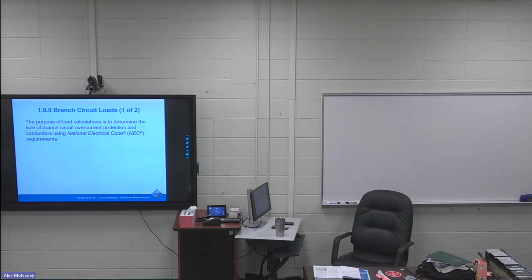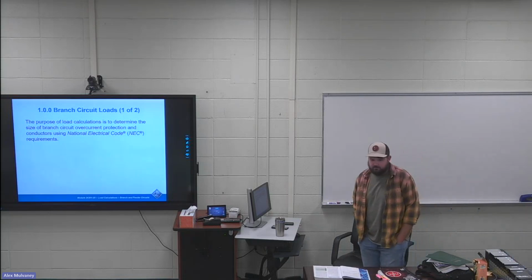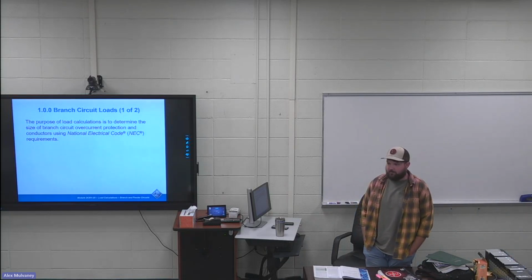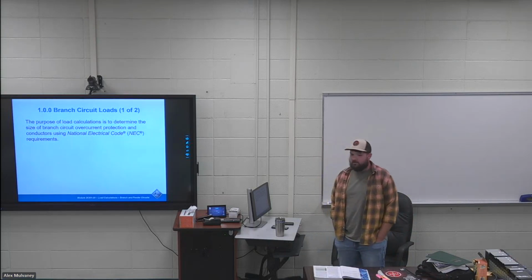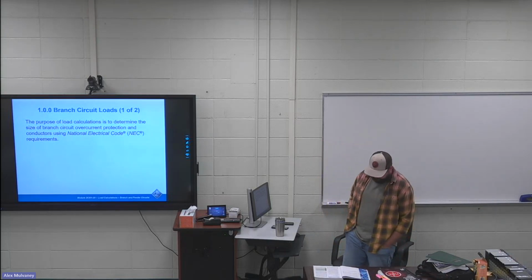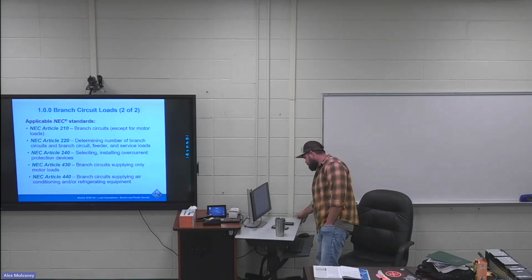The hardware component that will protect a circuit from being overloaded. Fuse. Fuse is one. What's the other most common one? A breaker. Good. So anytime you see overcurrent protective device, for the most part, it's going to be a fuse or a breaker. So going through some of the trade terms in this section.